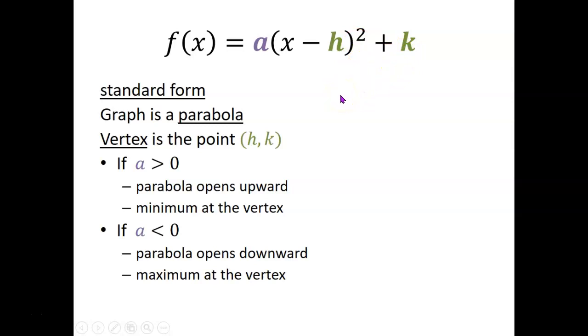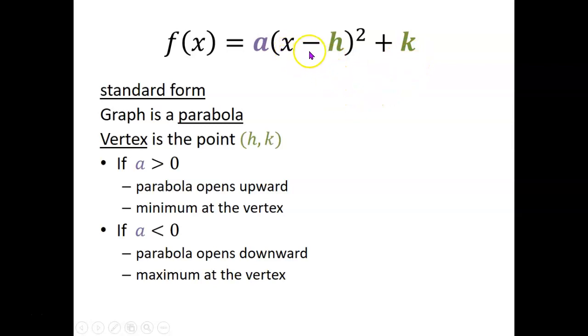If you see that, you know what it's going to look like, because you know the graph is going to be a parabola. It's going to be a variation on just x squared, only it's been shifted over h spaces horizontally and k spaces vertically. So the vertex, instead of being at (0, 0), would be at the point (h, k).